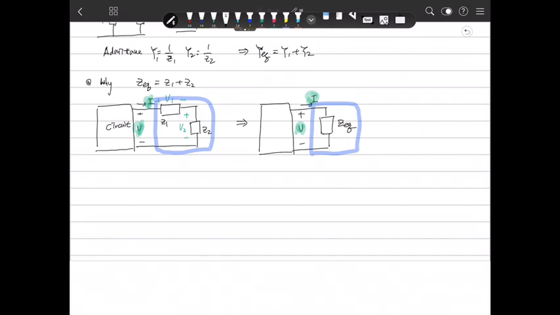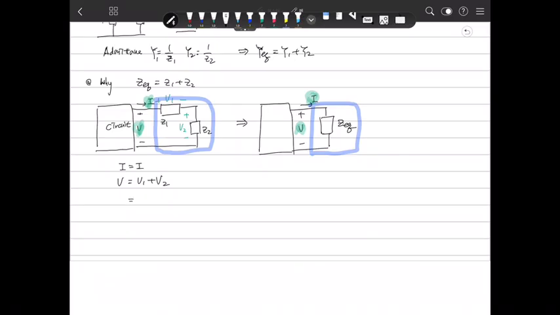Here we define this current as I, and V is the same as V1 plus V2.